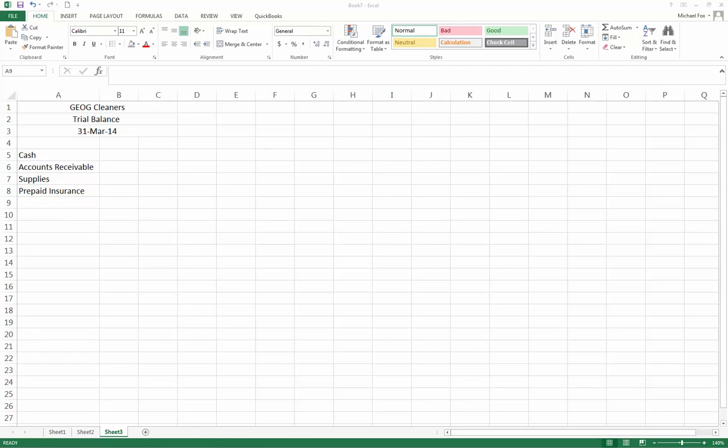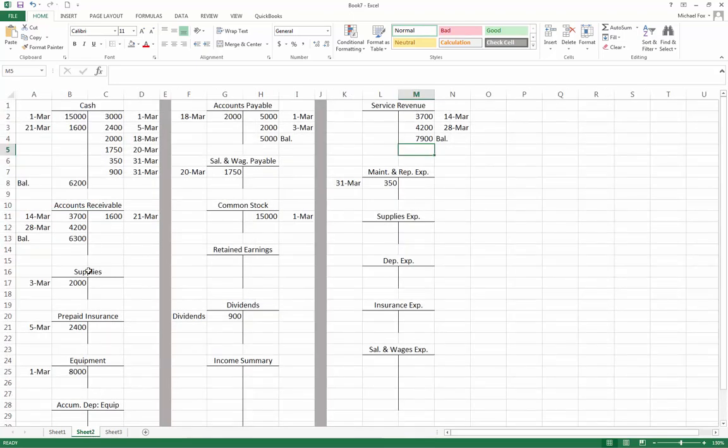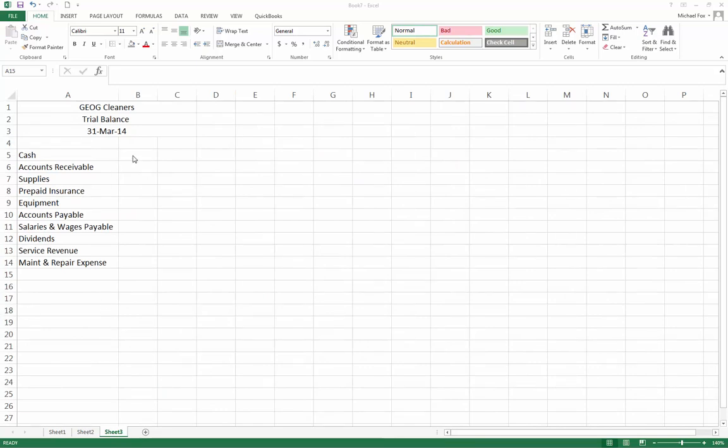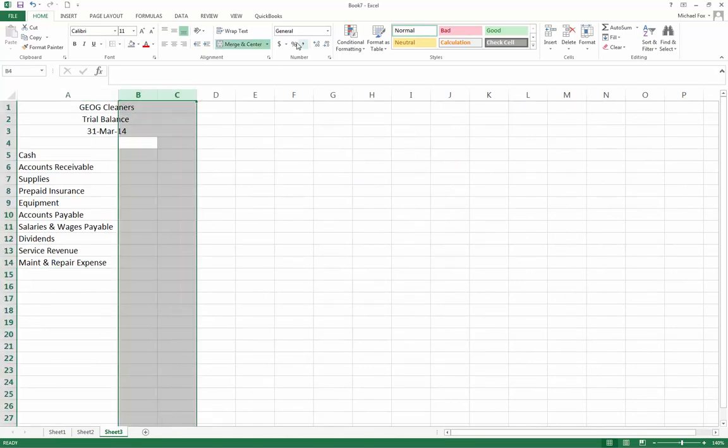You get the point. Where I'm getting them from is each of these accounts that we've done the ledgers on. All right, so there's all the accounts, and then I will put in the debits and the credits.